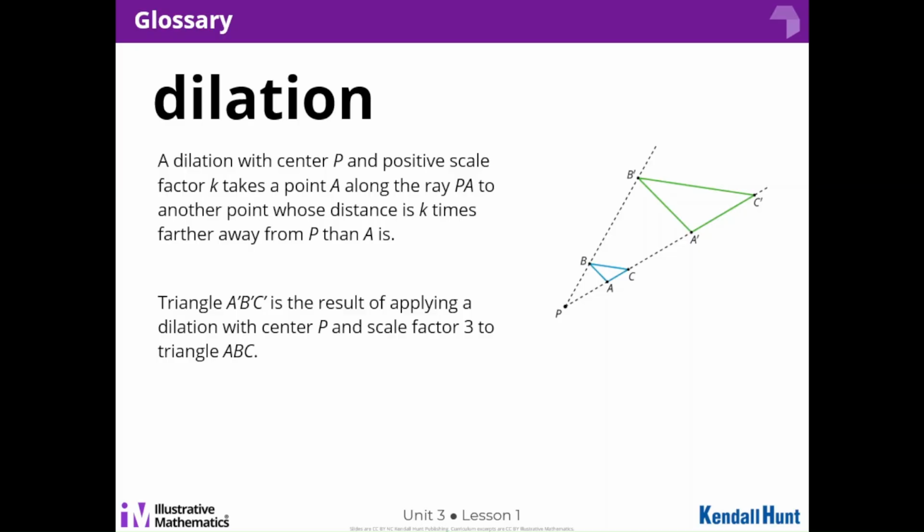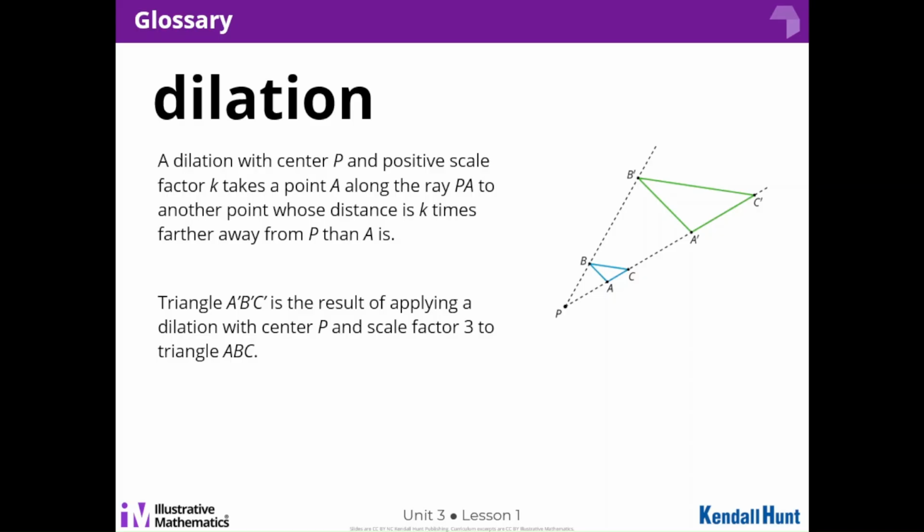Triangle A prime, B prime, C prime, the green triangle, is the result of applying a dilation with center P and scale factor 3 to triangle ABC, the blue triangle.